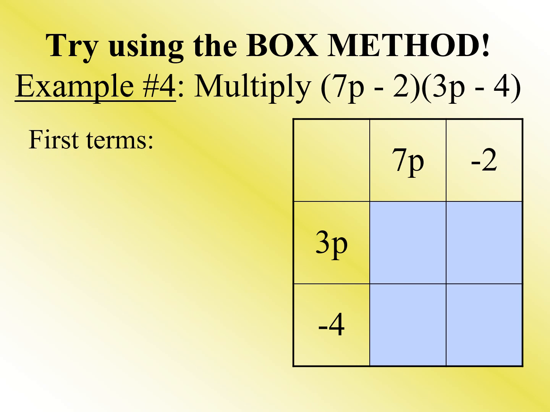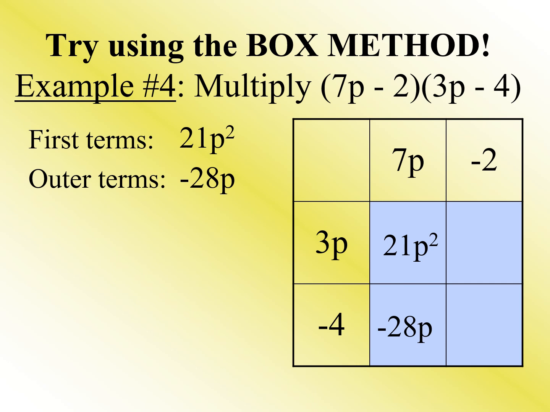So we have 7p times 3p, that is 21p squared. And then outer terms. So we have 7p times negative 4, that is negative 28p. Okay, the other one is positive, the other one is negative. 7 times 4 is 28, so we have negative 28p.